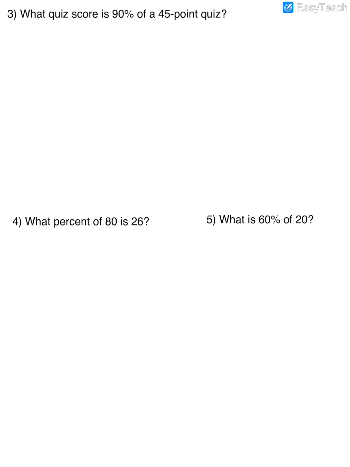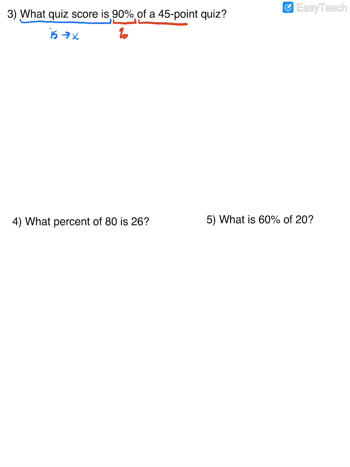Next one. Now here's a little context in this one. So what quiz score is 90% of a 45-point quiz? What quiz score is, that's your is. We don't know what it is, so it's a variable. There's your percent, which is 90%.